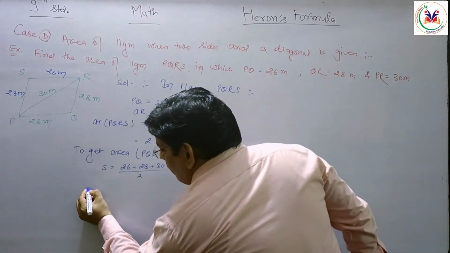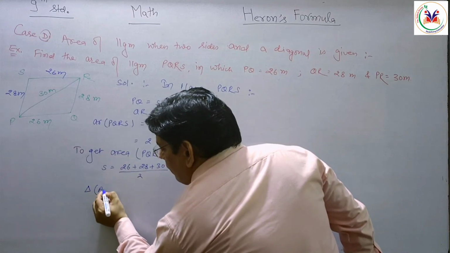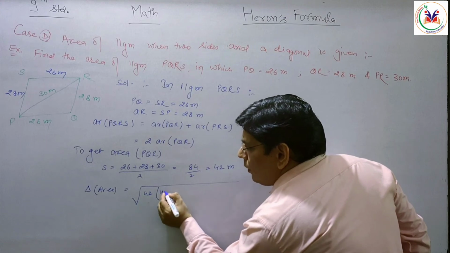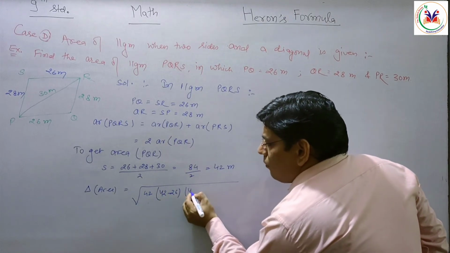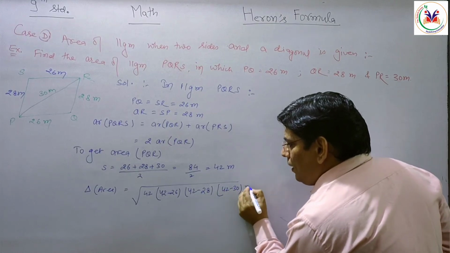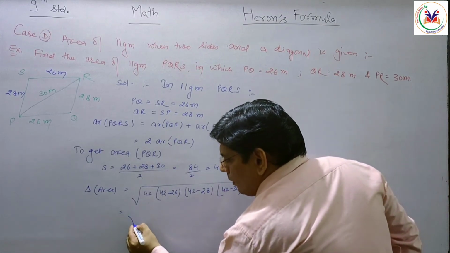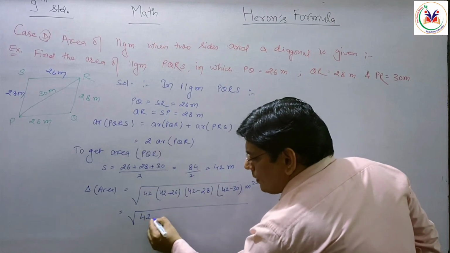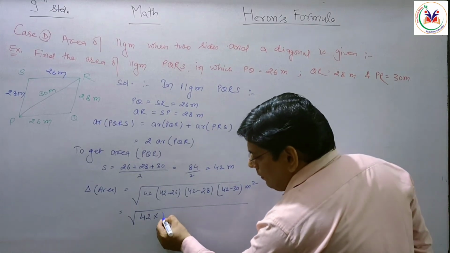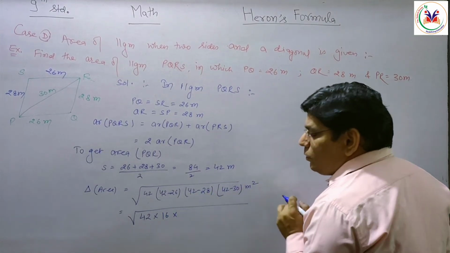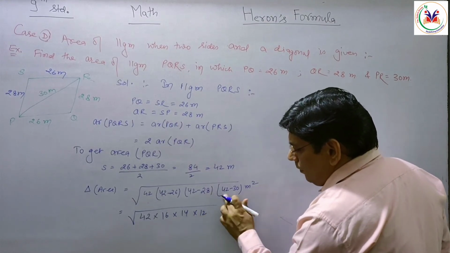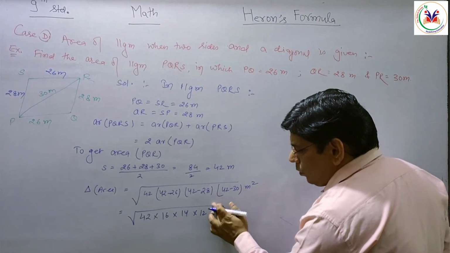Now delta, or area you can say, is 42 into 42 minus 26, 42 minus 28 and 42 minus 30 meter square. Now 42 will be as it is. 42 minus 26, that will be 16. 42 minus 28, that will be 14, and that will be 12 meter square.